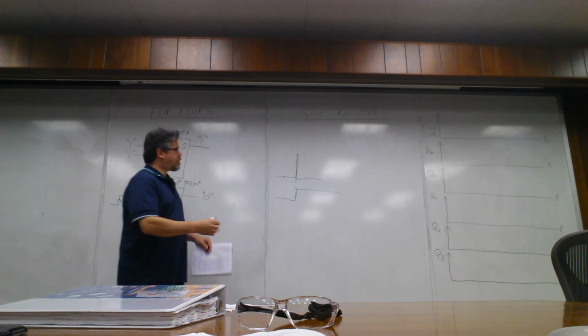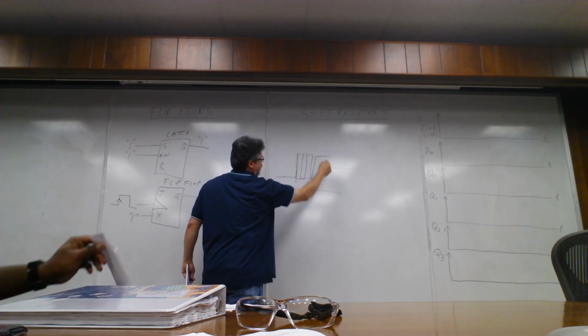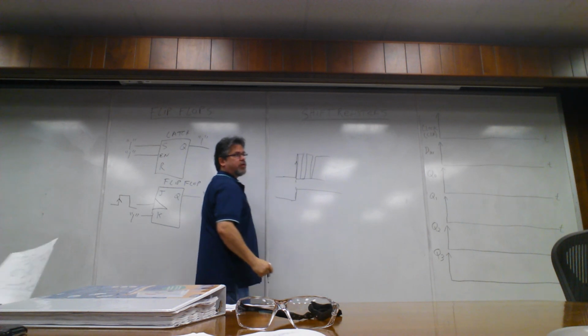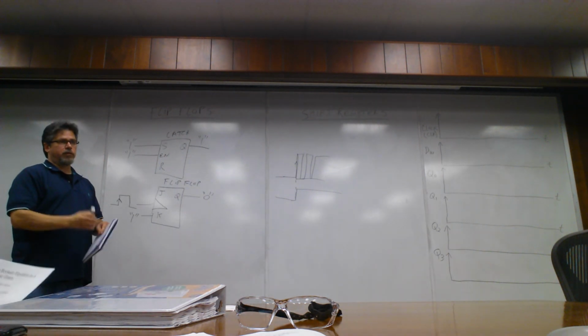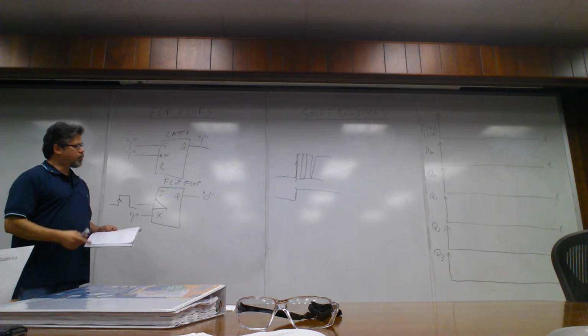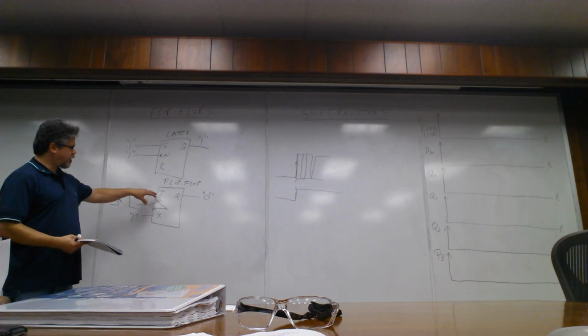Or for contact bounce elimination, where the switch bounces back and forth before it finally settles, on the first strike it remains high. So it's ignoring the noise, because that would foul up the sequential operation of the system. Those are the primary reasons for latches and individual flip-flops like this.